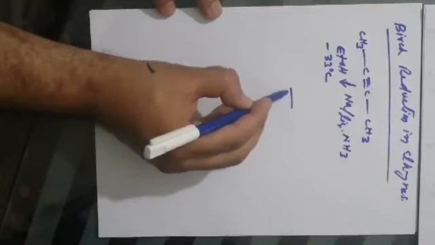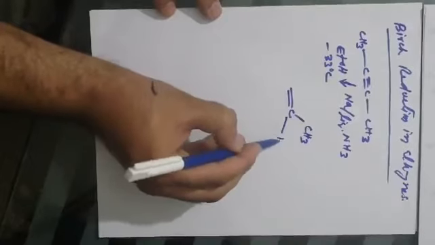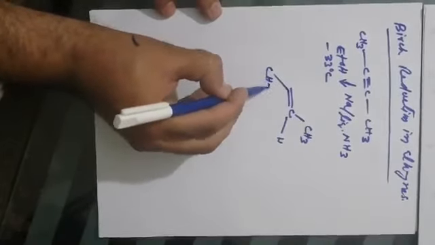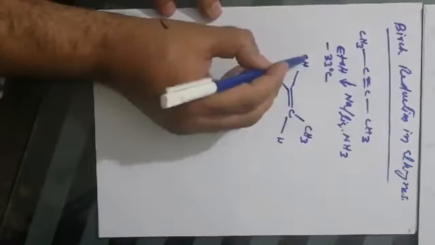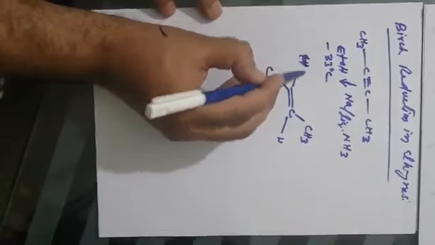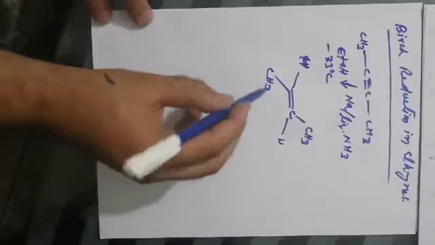The product is trans alkene, that is hydrogen is here, trans 2-butene.